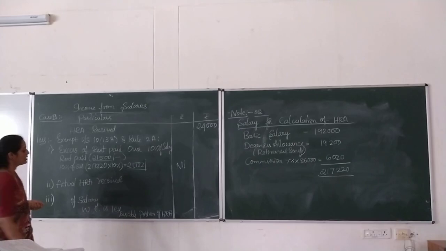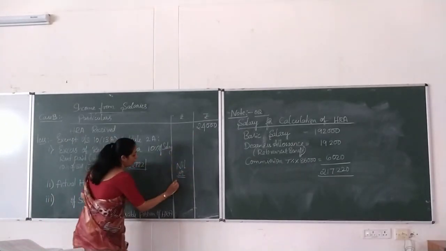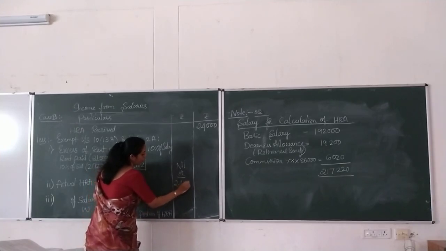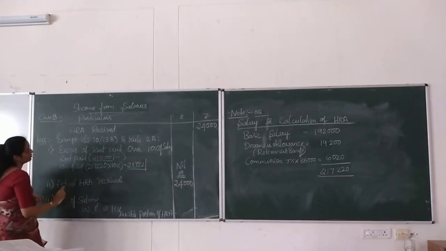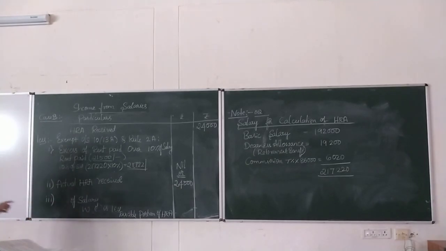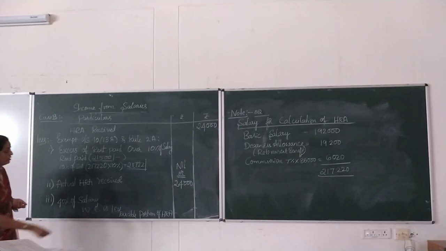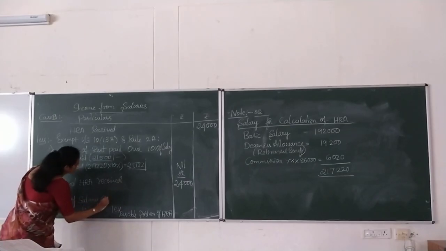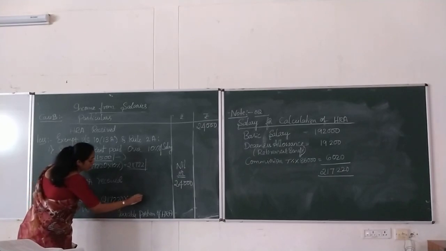Then actual HRA received is 24,000. Next, if the house is situated outside, at Ajmer, it means 40% of salary. Salary is 2,17,220 into 40%.